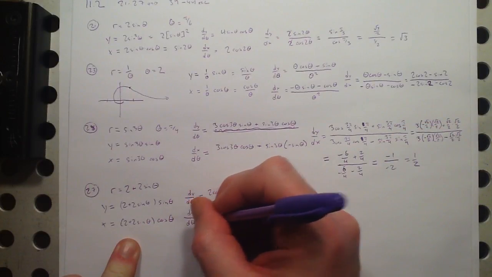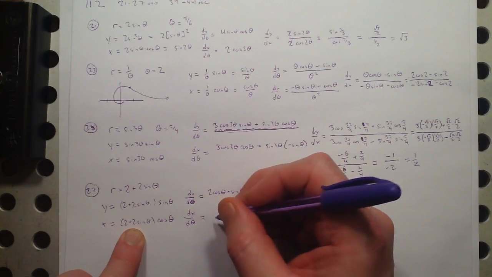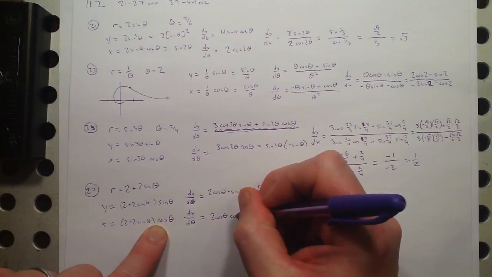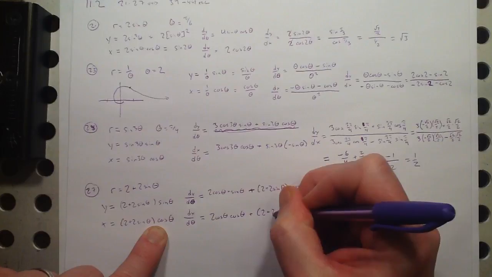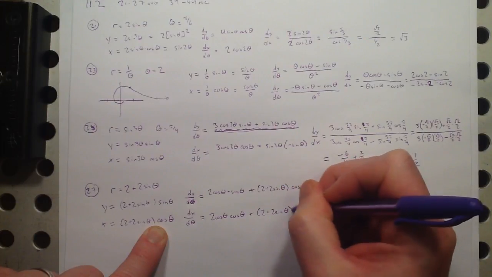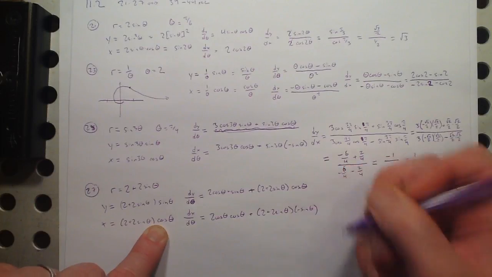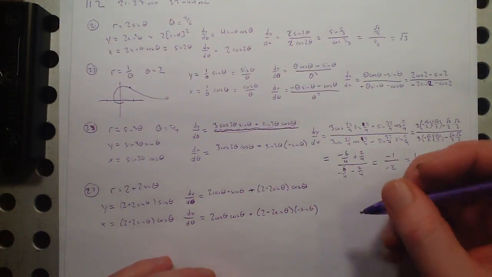Dx d theta is equal to the derivative of the first. It's the same thing that it was a minute ago. 2 cosine theta times the second plus the first times the derivative of the second. So that's good practice for quotient rule.